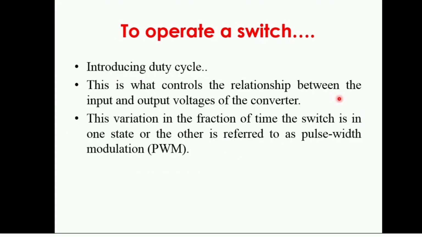Now if you want to operate the switch, we are going to introduce the duty cycle. The duty cycle controls the relationship between the input and output voltages of the converter, and the variation in the fraction of time the switch is in the on state is referred to as PWM.